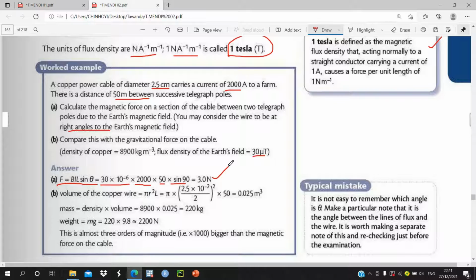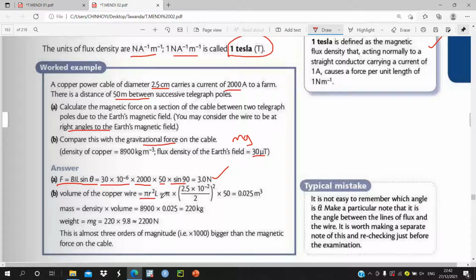And if we are to compare this with the gravitational force, which is the weight, mg, we want to find the mg. So first of all, we need to find the volume of the copper. The volume of the copper will be the volume of the cylinder, that is pi r squared L, where pi r squared is the cross-sectional area of the copper.